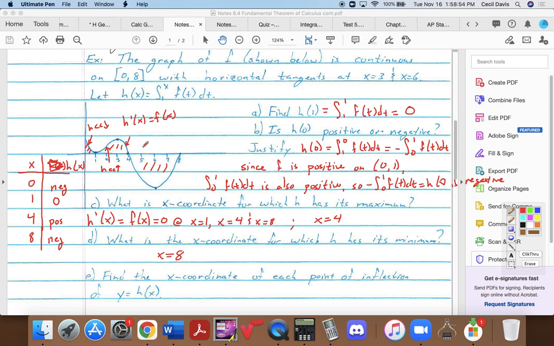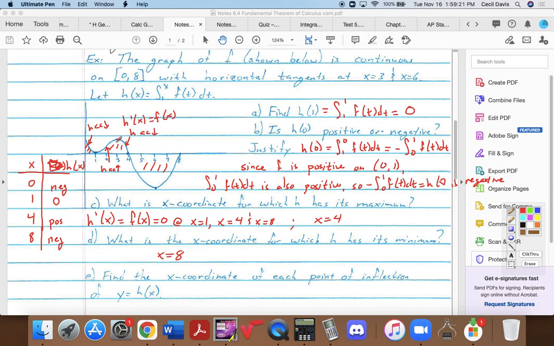What's happening here in terms of concavity of h? Yeah, so you have to be careful, because there's lots of functions going on here. So h prime is decreasing, so h is concave down.